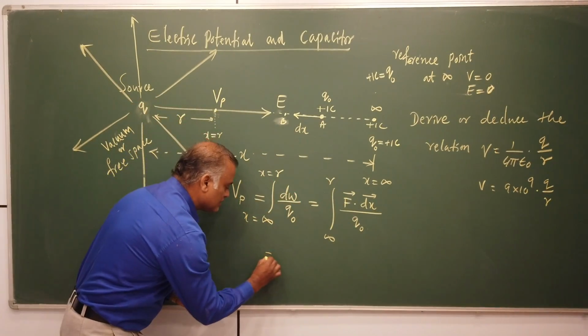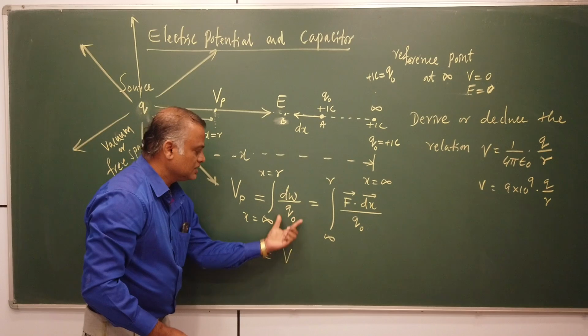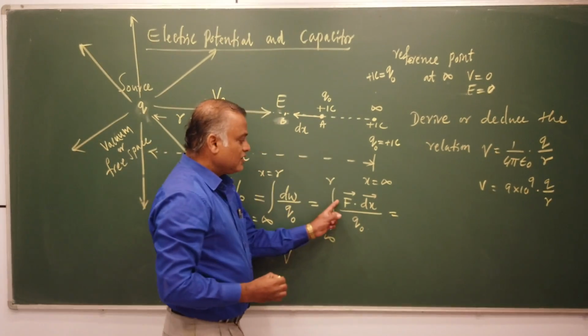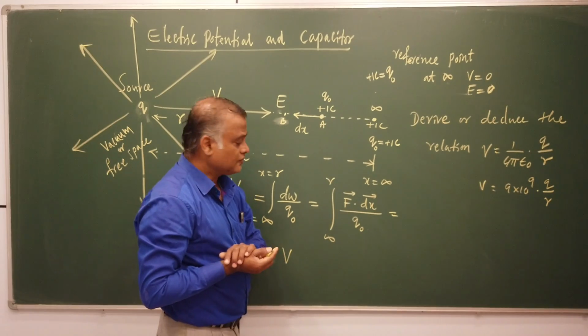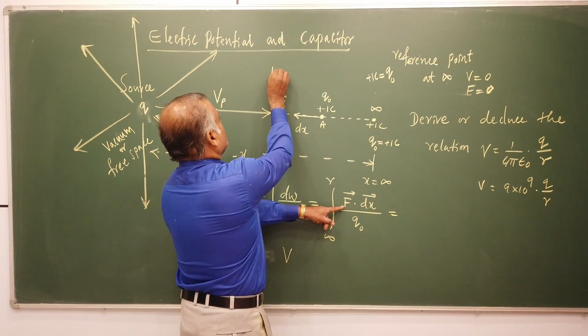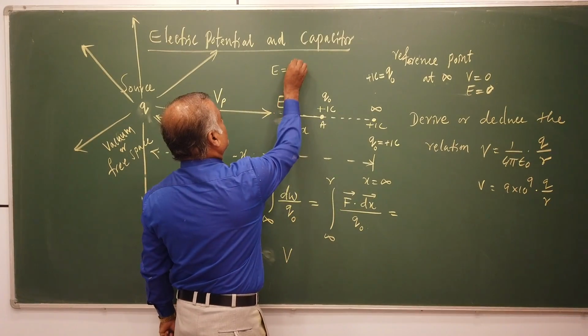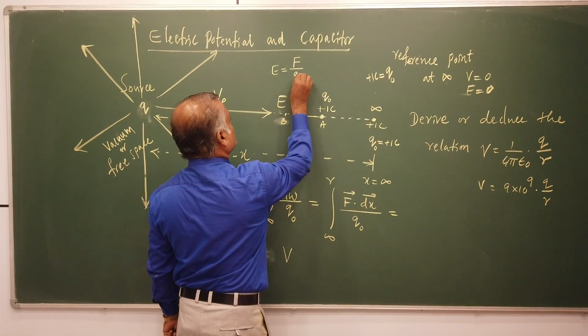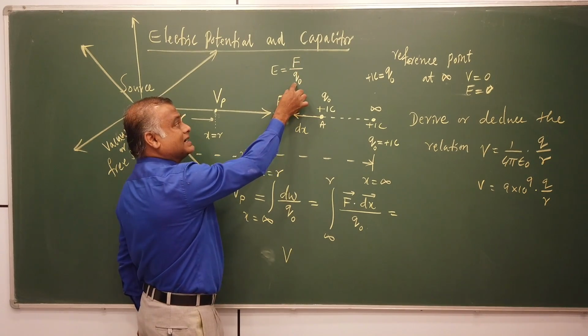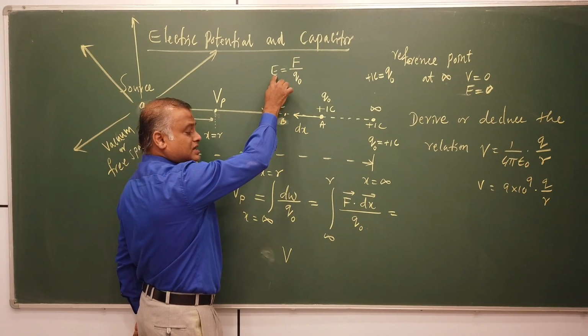Now this term becomes what, by definition? The potential. Now listen here. F dot dx is the dot product of two vectors. The force acting on a test charge gives the electric intensity.